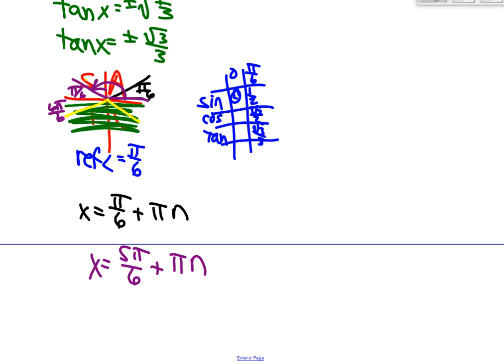But since these make a linear pair, or a line, these are pi away from each other. So instead of doing this one plus 2 pi n and this one plus 2 pi n, we can just say, if I'm here and I add pi, I'll get there, and add pi, I'll get there, and add pi, I'll get there. So that's why we want to do that.